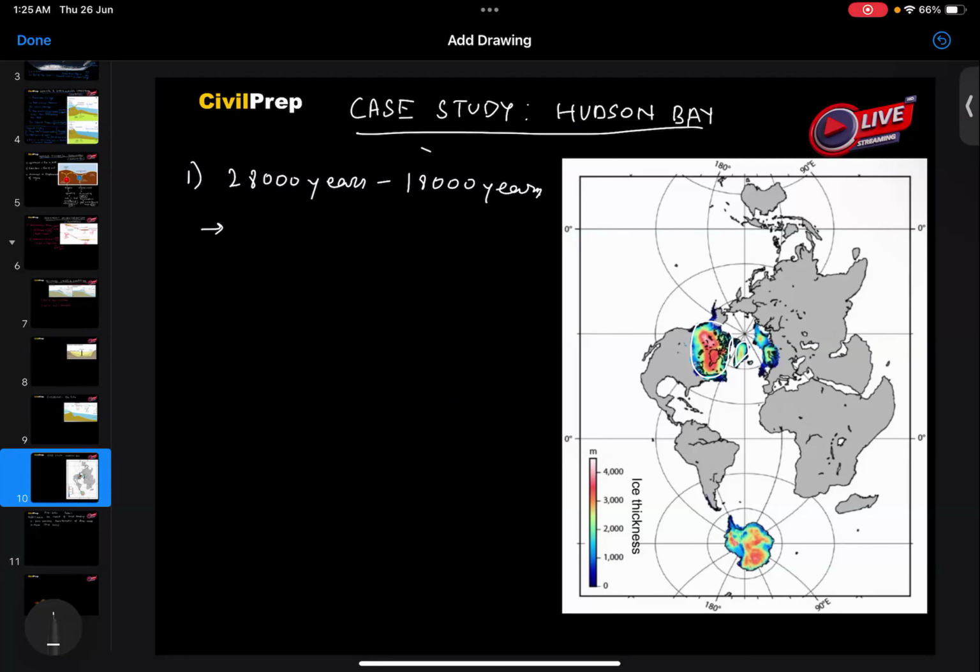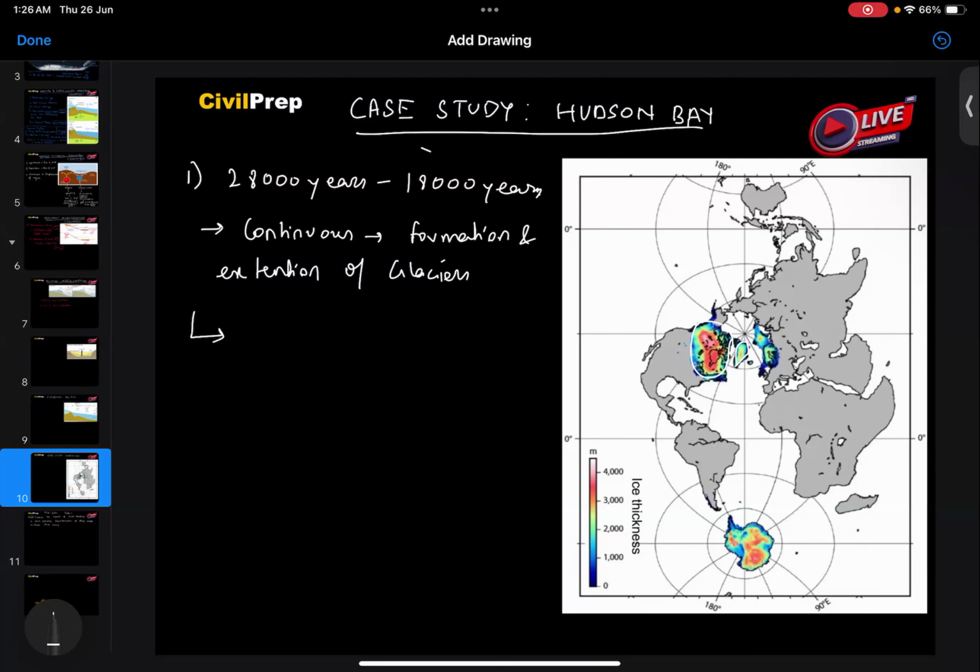there has been continuous formation and extinction of glaciers in Hudson Bay.